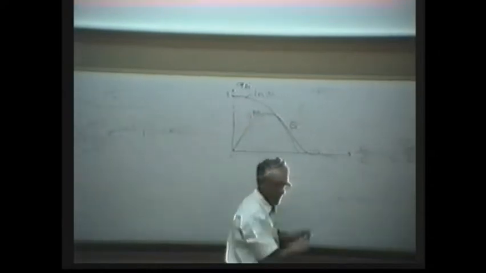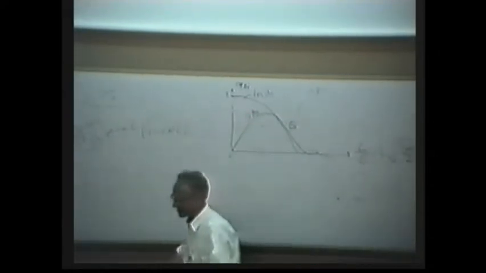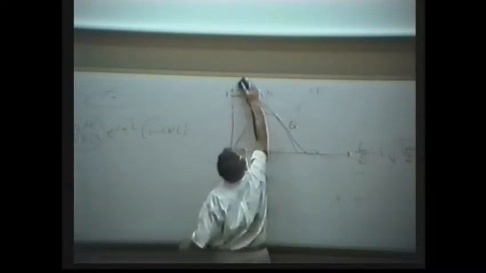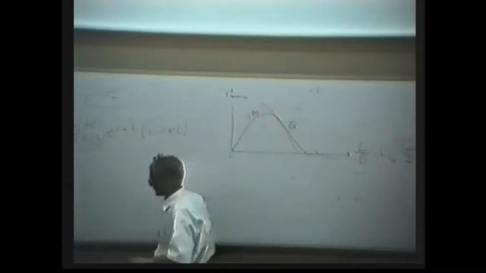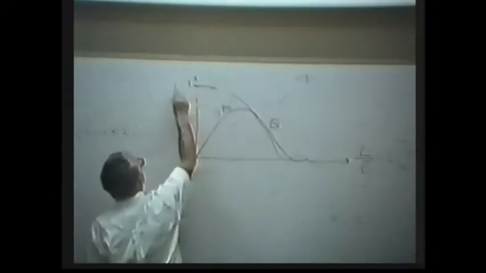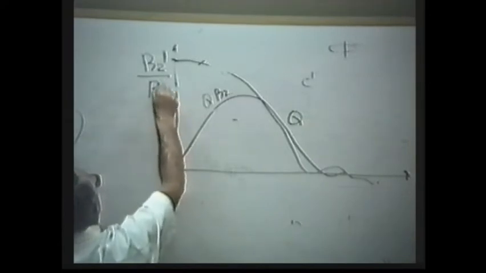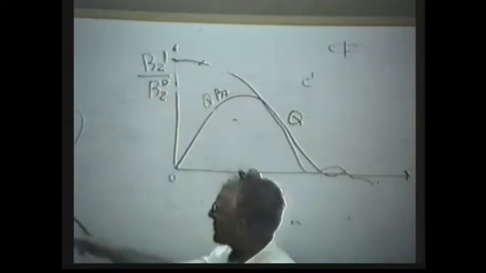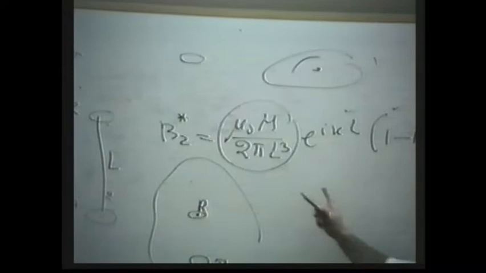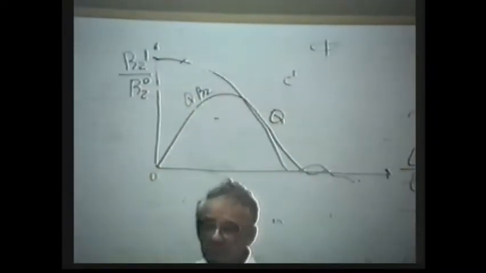Here again, let me rewrite it more accurately in order to remove misunderstanding. Bz, the magnetic field, divided by the primary field. But why is it 1? Very clear.